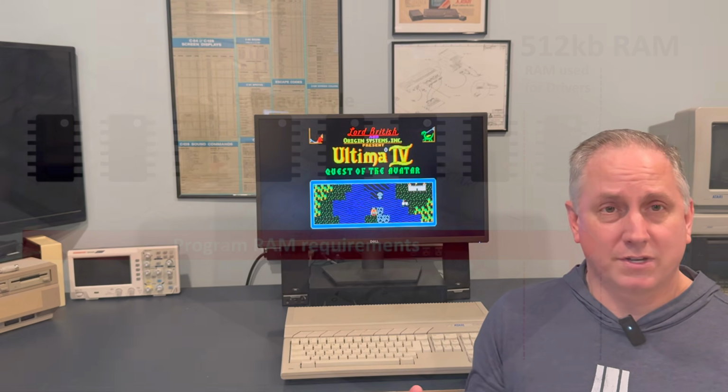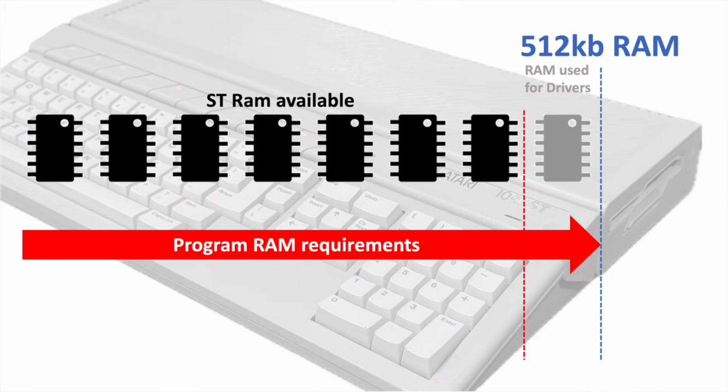So let's just take, for example, you have 512 kilobytes of RAM, and you need to consume 15, 17, 30, 40 kilobytes of RAM in order to load the hard disk driver to access your hard disk. That reduces the available amount of RAM to run software at that point in time. So once you boot onto the hard drive, you no longer have 512 kilobytes of RAM available to you. You have something less than that.